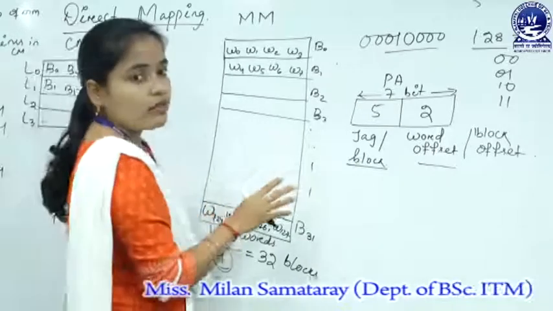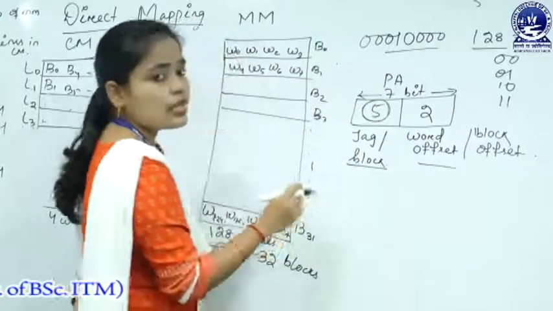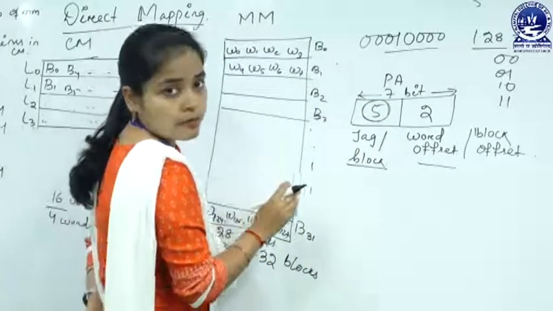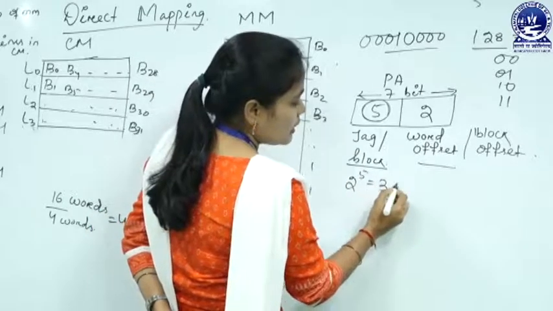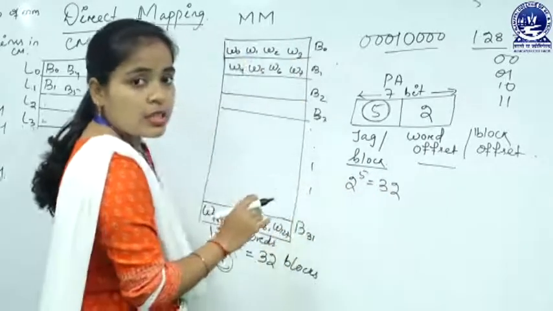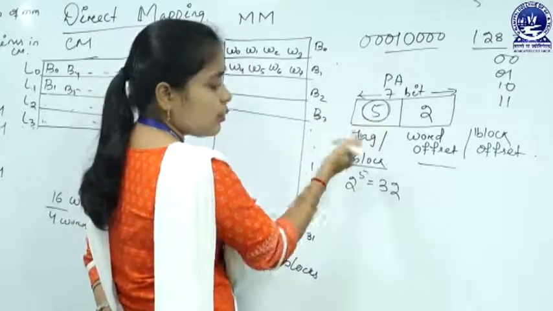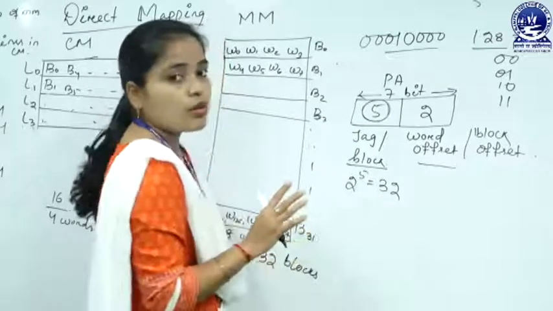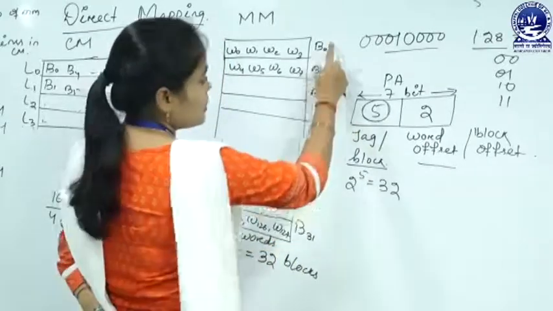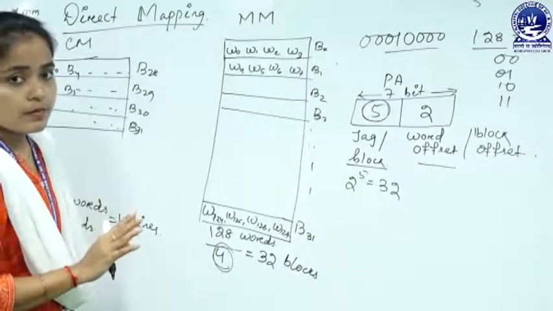And here you can see these 5 bits are required to represent the block number, and 2 to the power 5 equals 32. That means in the main memory there must be 32 blocks. Here you can see B0 to B31, 32 blocks.